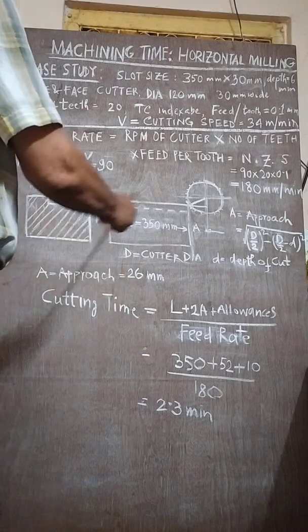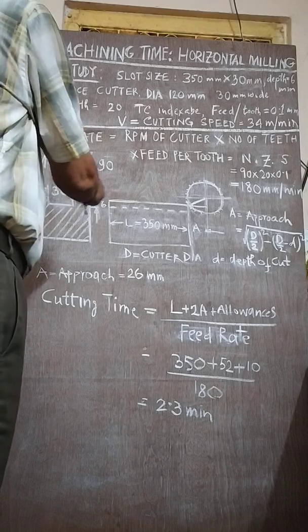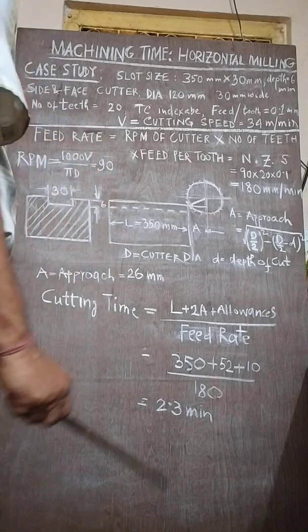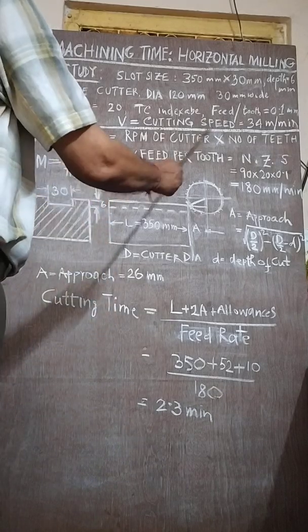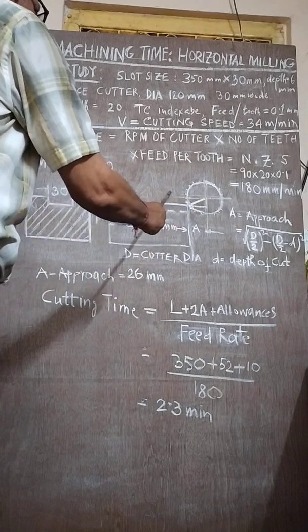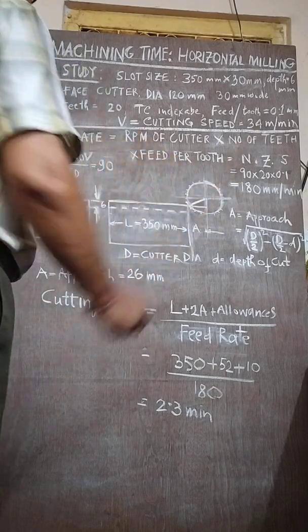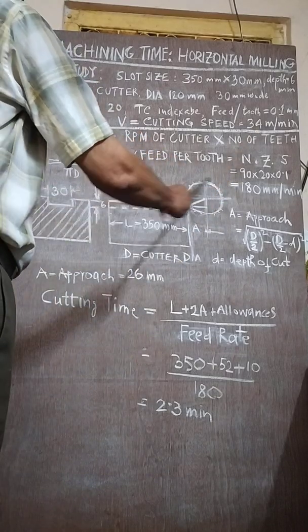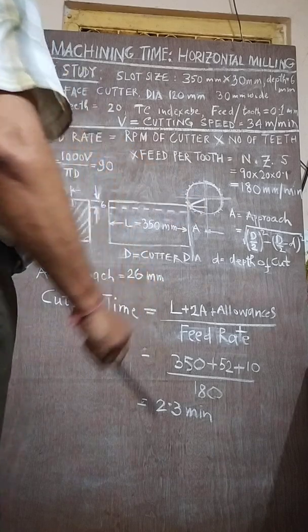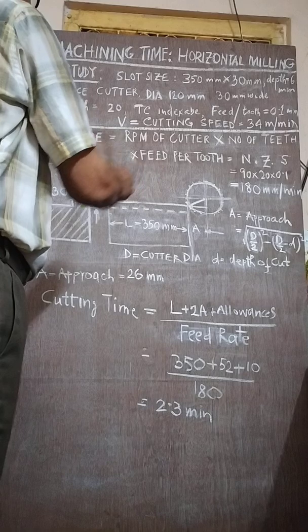In order to do that, we do some prior calculations. We need to know the feed rate, that is the horizontal movement of the cutter while traveling, per minute of time, how much the cutter moves horizontally.